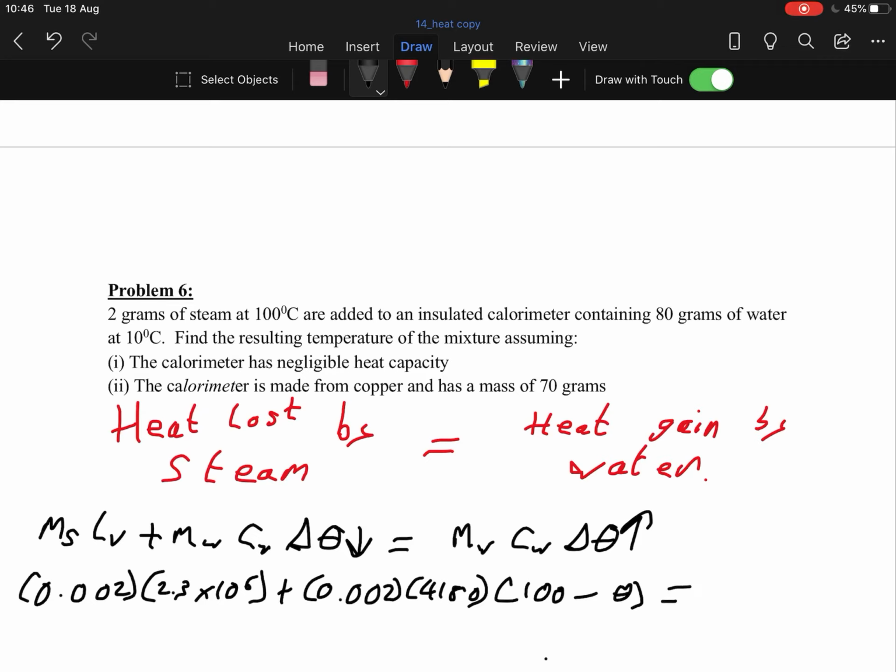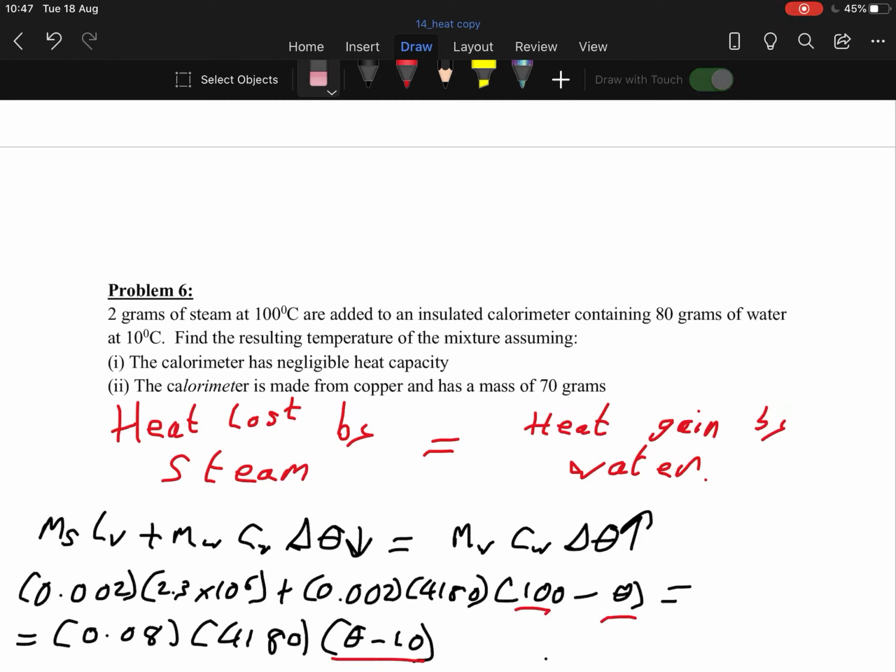So equals 0.08 times 4180 times final minus initial. Okay, and again, look at this. I know the initial minus final is, but if you forgot, I had here initial minus final, so on the other side, final minus initial. So I flipped it around.